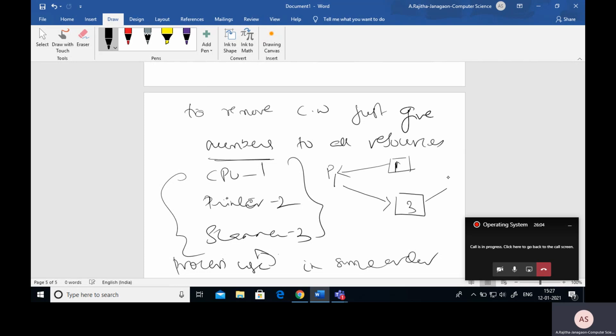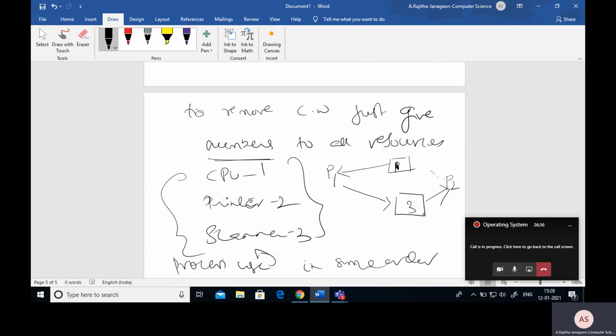Now suppose some P2 process is there. The scanner is a resource that is already held by this P2. But in this case, this is never assigned here. Based on the order, resource 1 is already assigned to P1, so it is not assigned here.